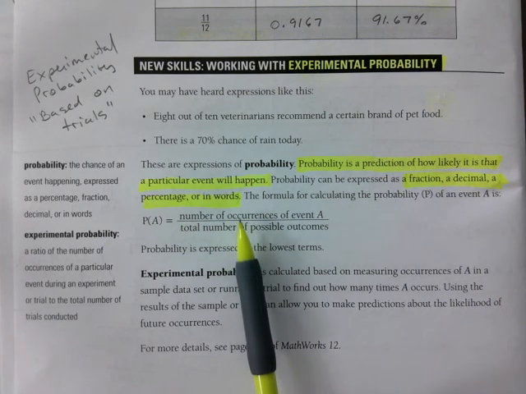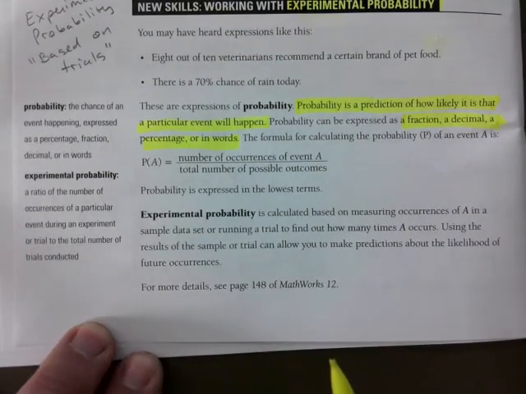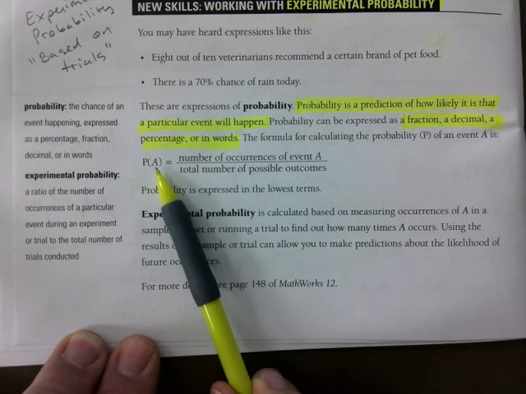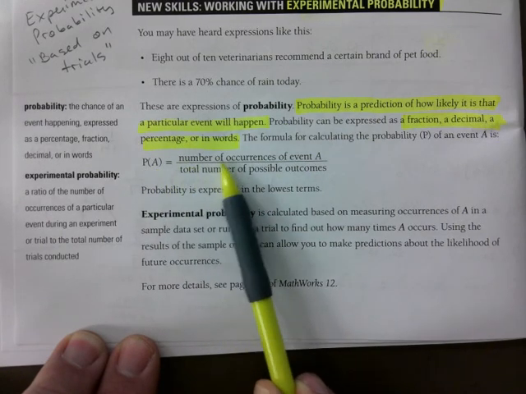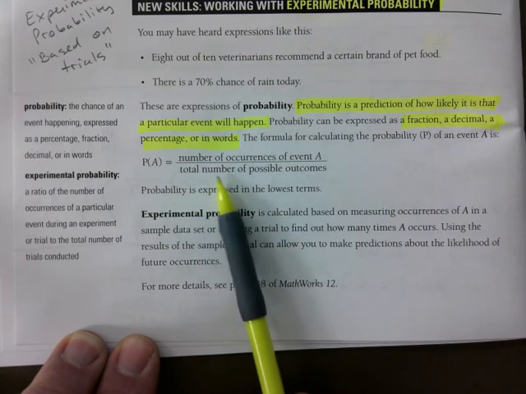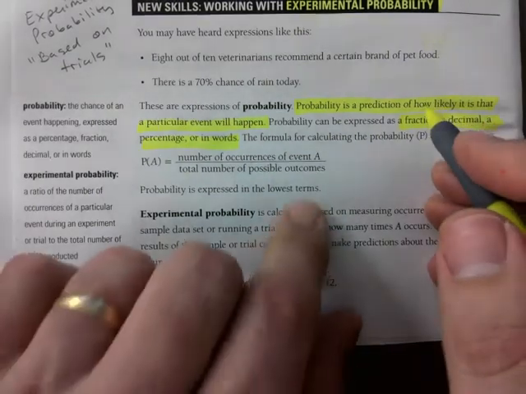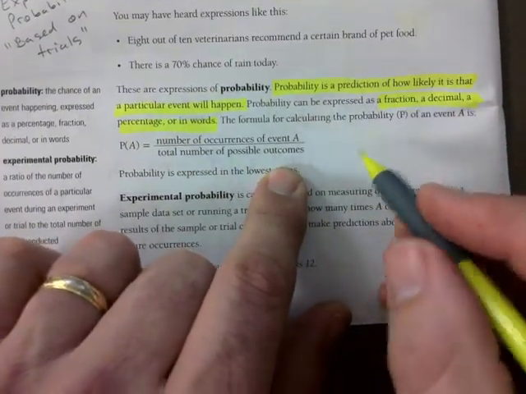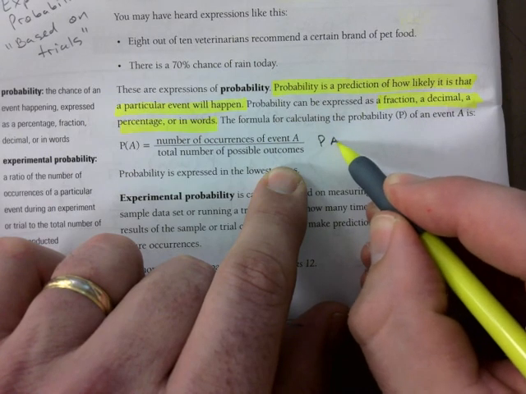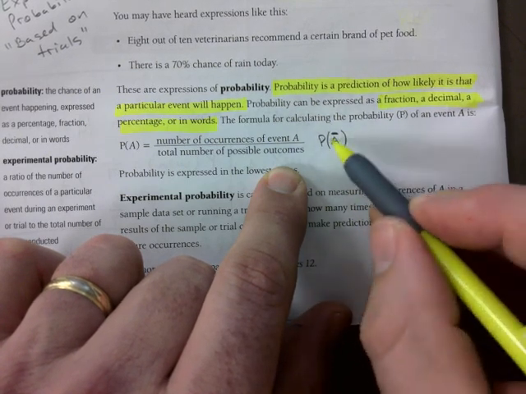You'll see the formula to calculate a probability is the probability of that event occurring will be the number of occurrences of the event over the total number of possible outcomes. And at the same time, I will do this. Probability of that event not happening, right? Write this down.